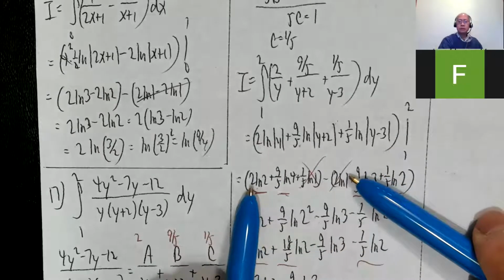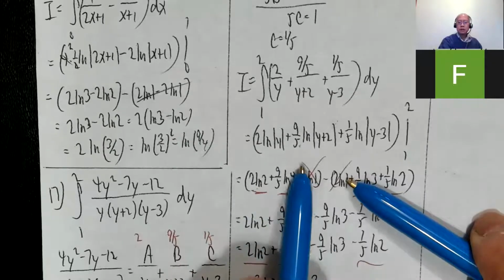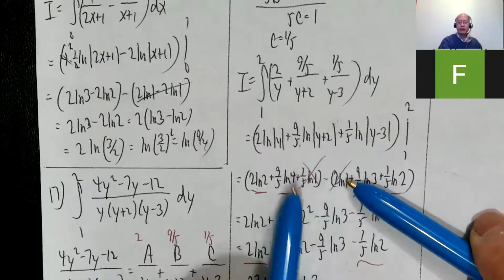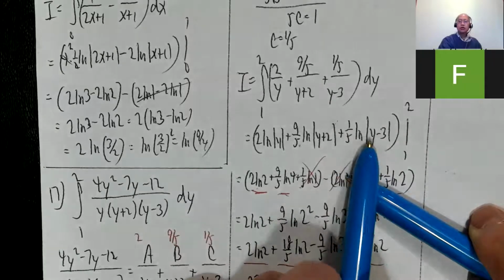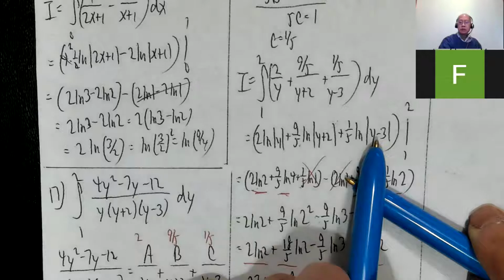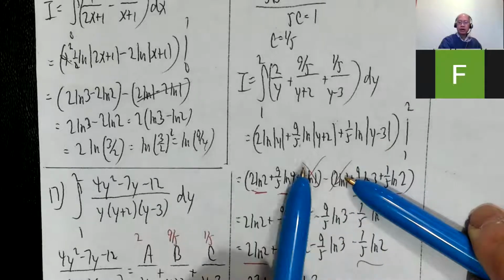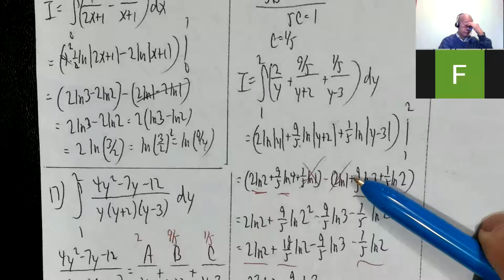Okay, plug in 2. 2 ln absolute value of 2 is 2. 9/5 ln absolute value of 4 is 4. 1/5 ln absolute value of 2 minus 3. 2 minus 3 is negative 1, whose absolute value is 1. And then I quickly cross this out because ln of 1 is 0.